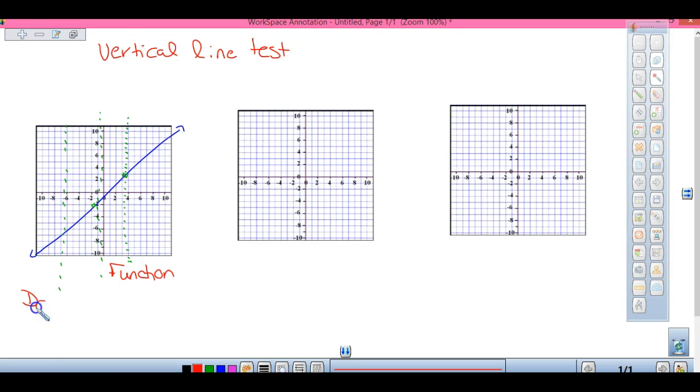Domain are my x's or my y's? My x's. If I look at this going this way, is it going to stop anywhere? Nope. So my domain is all real numbers.